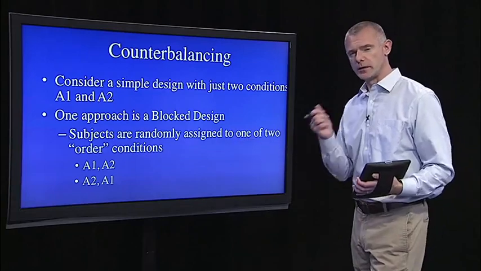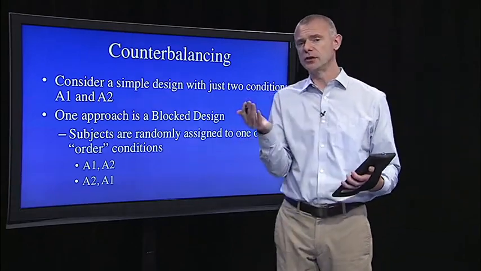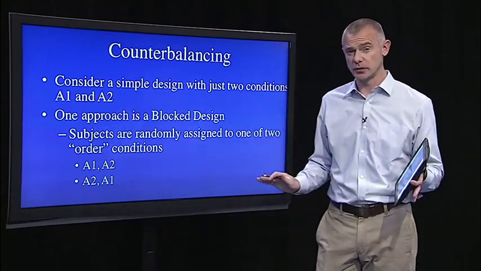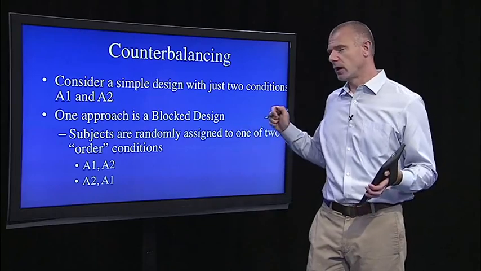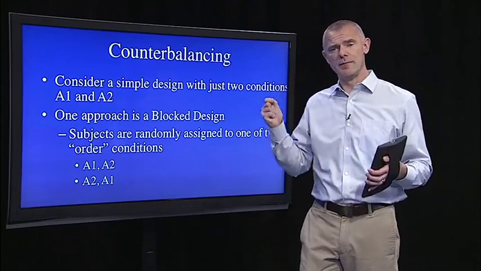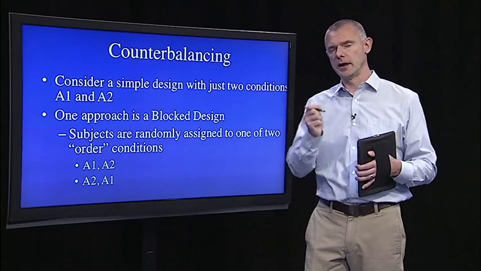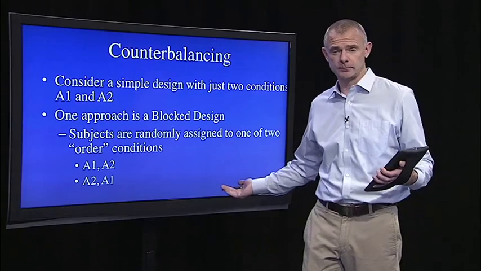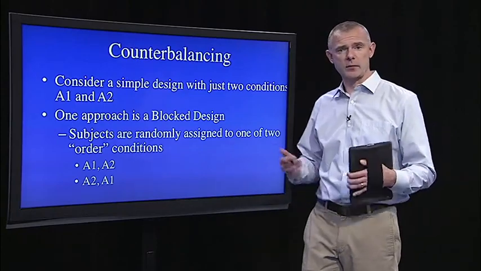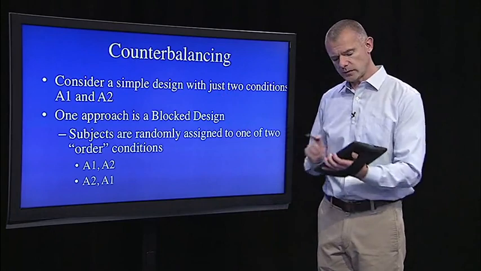So you just have two order conditions. What that allows you to do, if you randomly assign the subjects to the two order conditions, is conduct a 2x2 mixed factorial ANOVA, which we'll cover in the next lecture, to see if there are order effects. And you can evaluate that. That's one scheme.